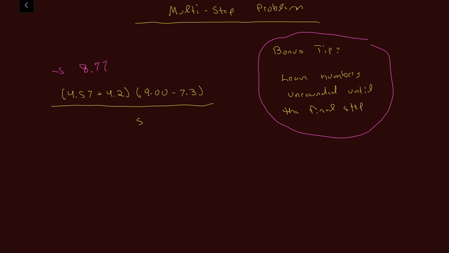Our correct rounded answer to significant figures should be 8.8. However, since we're still in the middle of this calculation, we're going to leave that as 8.77 until we get to the very final calculation. We're going to write it as 8.8, of course, and keep working with that number. But when we go to plug it into a calculator, it's going to be its unrounded answer.